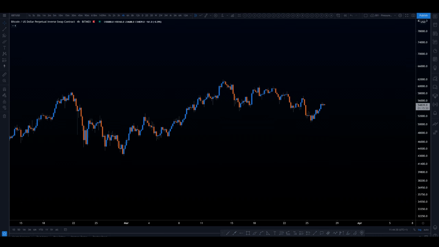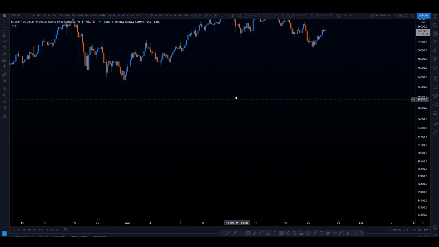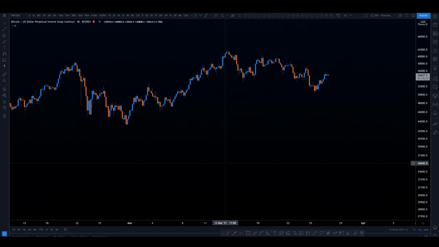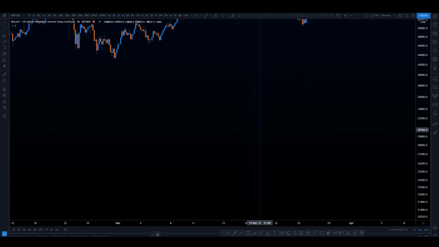Today, we're talking about the concept of pressure zones. A pressure zone is a really important thing in technical analysis, something you have to keep in mind forever because the basic idea is very simple.